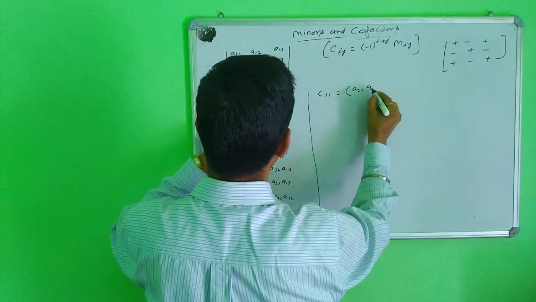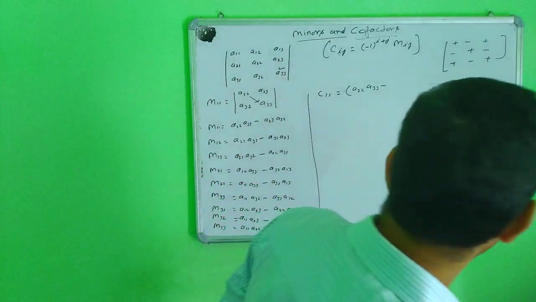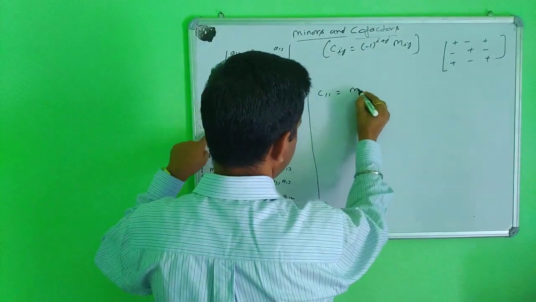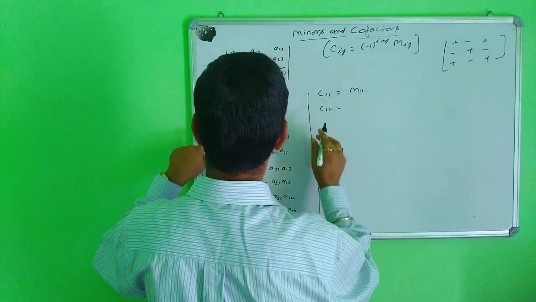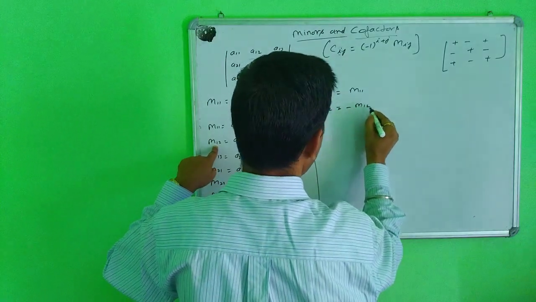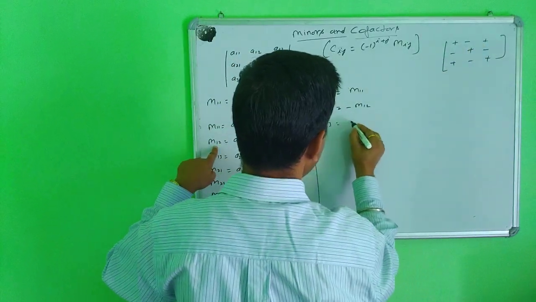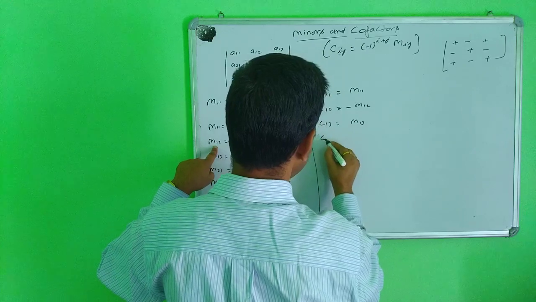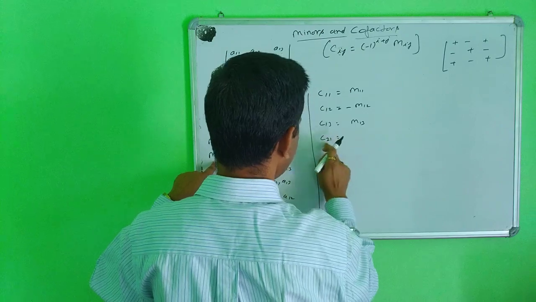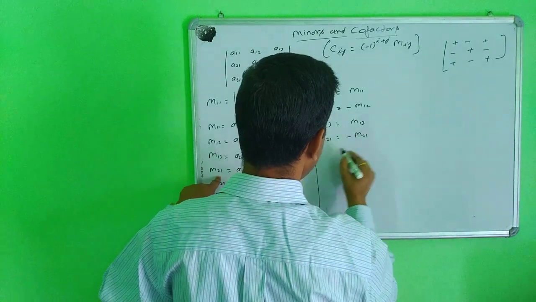A22 A33 minus A23 A32. Directly I am writing C11, in short form I will write M11. Suppose C12: C12 means this minus sign, so minus M12, the value of this. Similarly C13, this is the plus sign, equal to M13. C21, second row first column, this will be the minus sign, so minus M21.